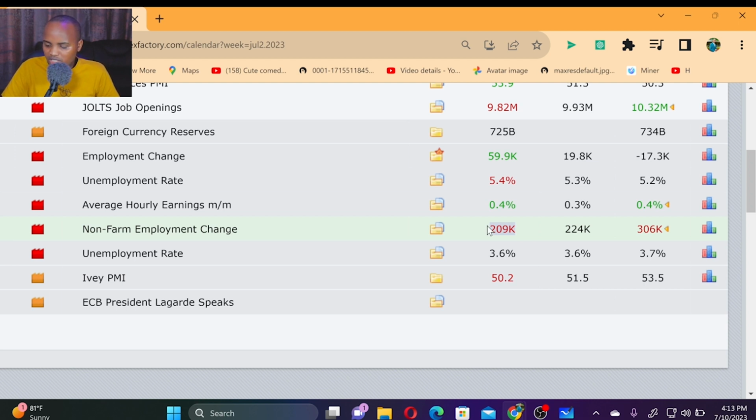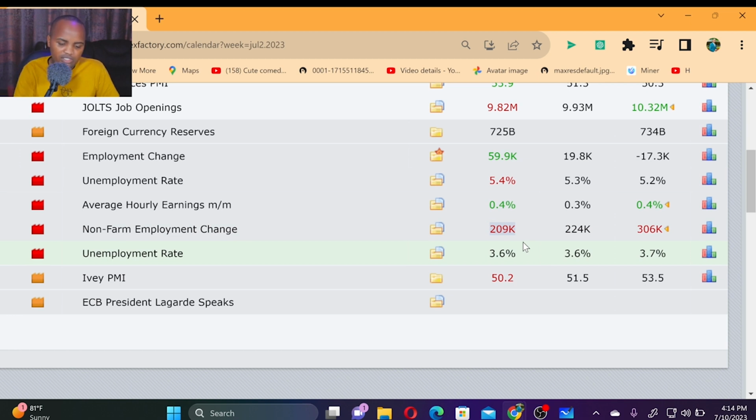Those mean that some people have actually lost their job. Last time we had 306 and now it is 209, which means that so many people have lost their job. They don't have money to spend. When there is no employment, the strength of the currency tends to be negative.